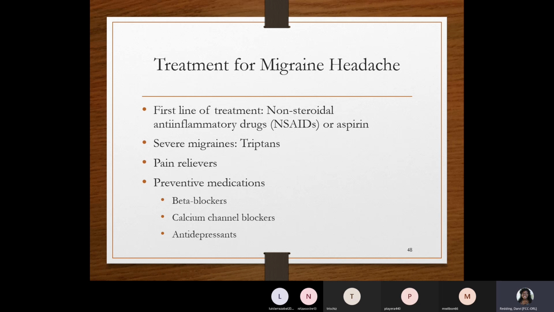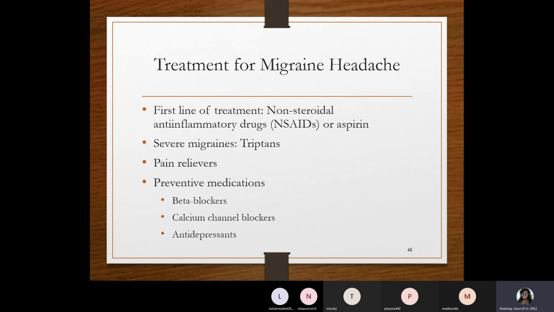You should know NSAID is the abbreviation for non-steroidal anti-inflammatory drug. An example of an NSAID would be ibuprofen or Aleve. Those are over-the-counter items, but I just wanted to give you an example of that.